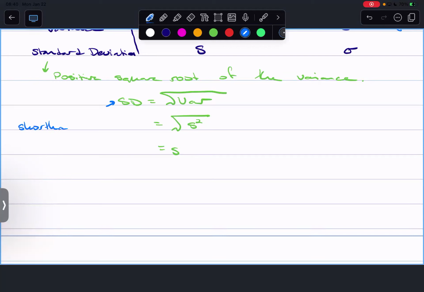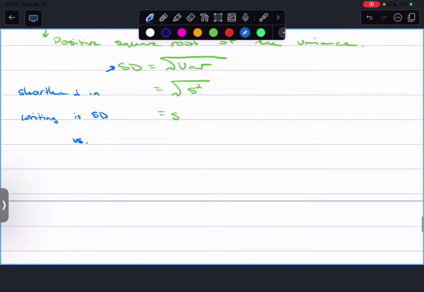Shorthand in writing is SD versus the notation used in calculations, a lowercase s.